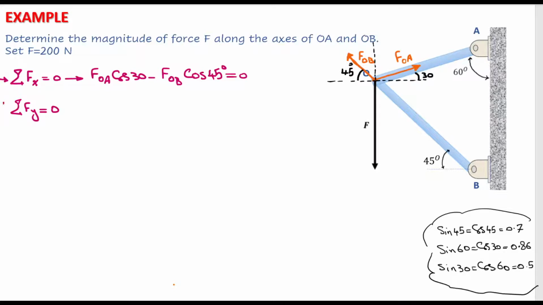Let's write the overall components along the y-axis. If I consider upside positive, I have FOA sine 30. Again, you can watch the videos about finding the components on my channel. FOA sine 30, that is upward. Look at that, it is here. I'm talking about this force.